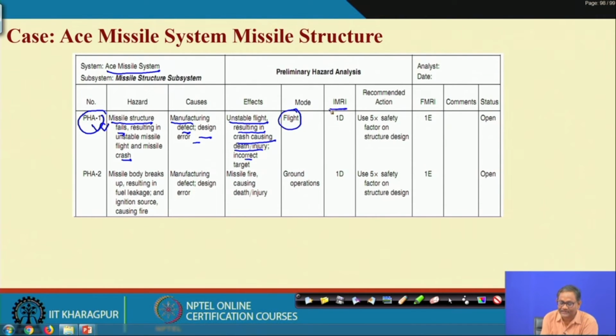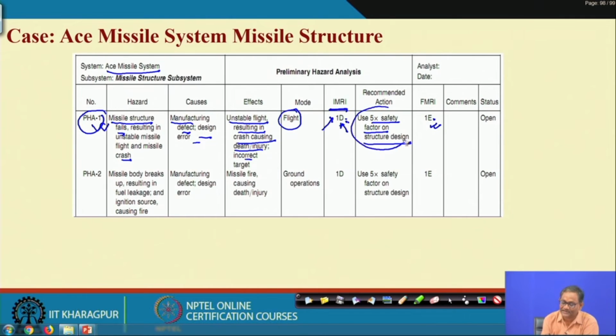What is the initial missile risk index? Catastrophic in nature, remote occurrence. So, what is the recommended action? Use a 5 times safety factor on structural design. Then what will happen? D will be converted to E. D is a probability, E is also a probability, improbable, it is remote. So, this is basically a prevention comment.